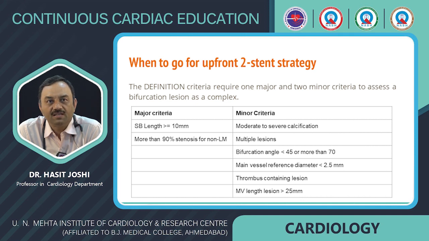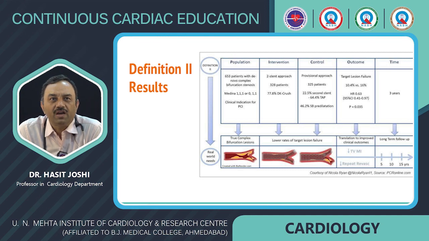Side branch lesion length more than 10 millimeter, significant disease more than 70%, and a bifurcation angle of more than 50 are important. So DEFINITION II included a population of 653 patients with de novo complex bifurcation lesions as defined by these criteria.